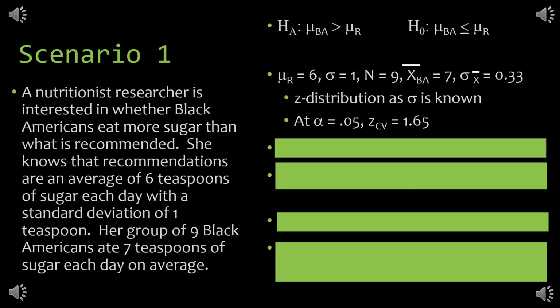Let's go back to the scenario. Her group of 9 Black Americans ate 7 teaspoons of sugar each day on average. So N is 9 and X bar is 7. And we know that we are going to use a z-test and not a confidence interval because she did not ask for a range of means.